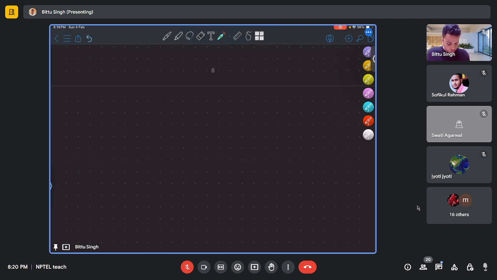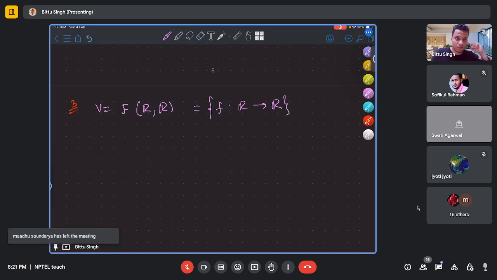Question 3: take f from R to R. This is the given vector space V, all functions from real to real. Is it clear? What is the definition of F?